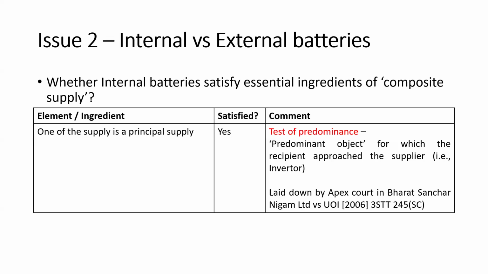Every time two or more things are found present, we cannot say it is composite, mixed, or independent unless we find out whether the two are necessary to establish the very identity of the article that we are talking about.